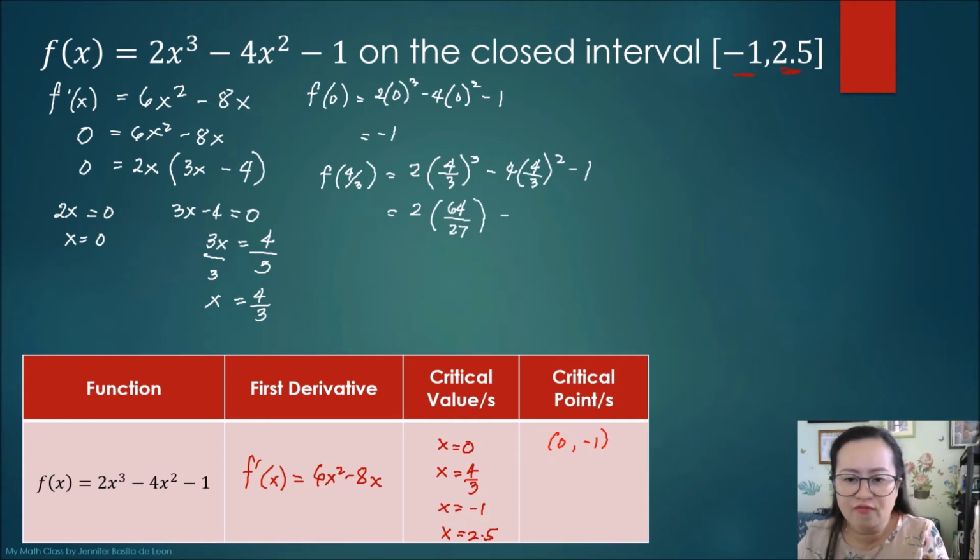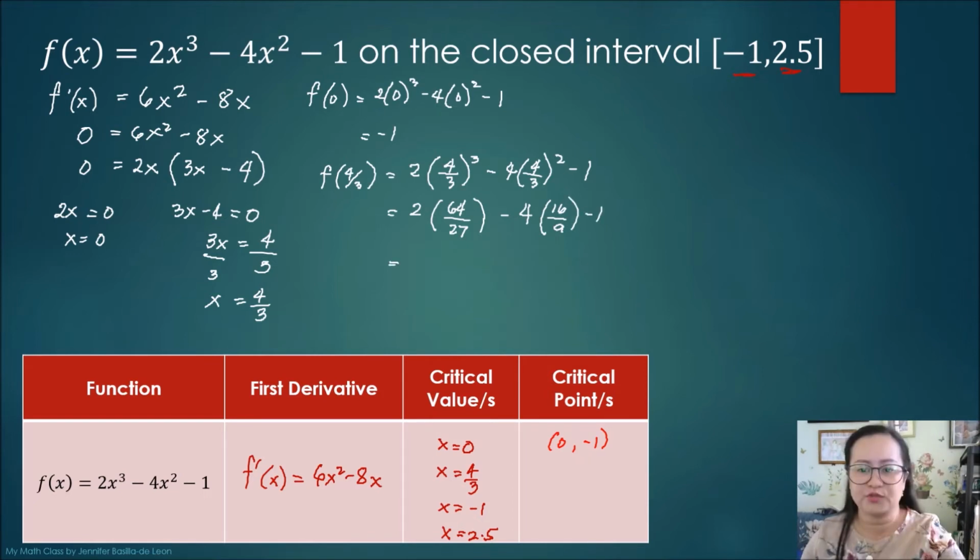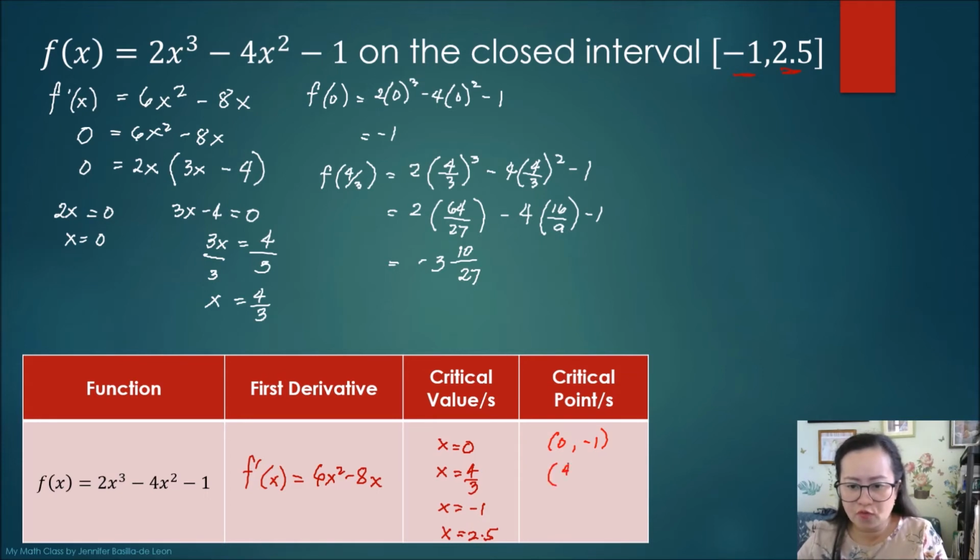Then the square of 4 is 16, and the square of 3 is 9. And then we simplify using our scientific calculator. We will have -3 and 10 over 27. So the critical point is (4/3, -3 10/27).